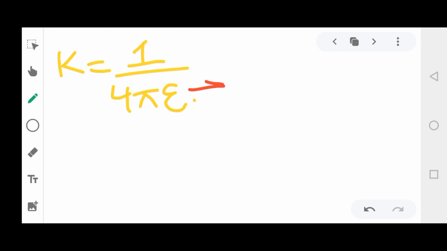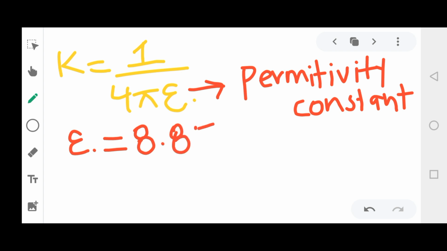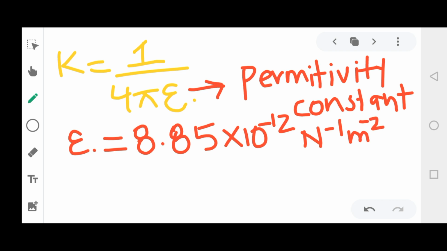It is the permittivity constant. Because it is a constant, it also has a constant value, and it is equal to 8.85 into 10 to the power minus 12 Newton minus 1 meter minus 2 Coulomb square.